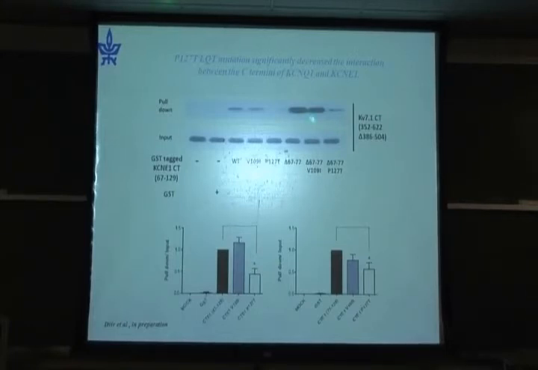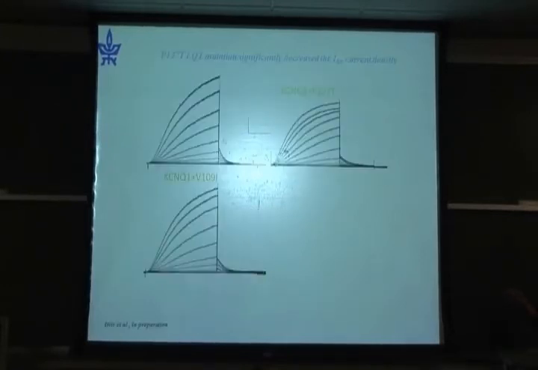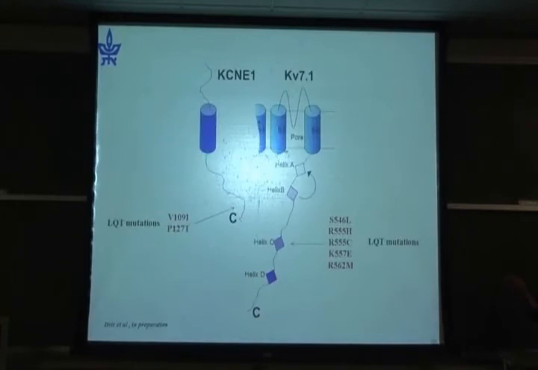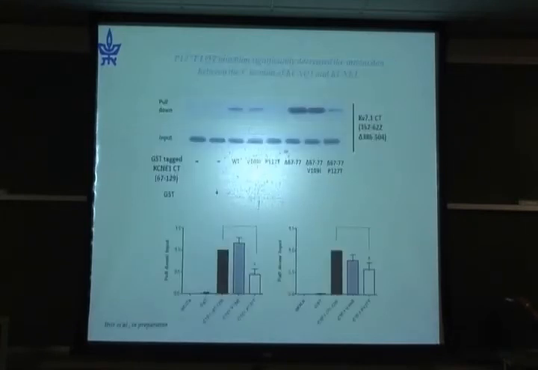You can get the same picture when you remove this proximal part, because you have an increased signal. When you remove this proximal part, you have the same feature, except that the signal is even much stronger. So this is the wild type, this is the V109, and this is this long QT mutation, proline 127T.